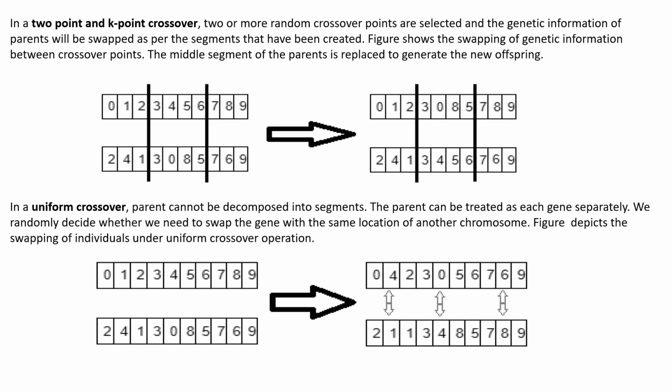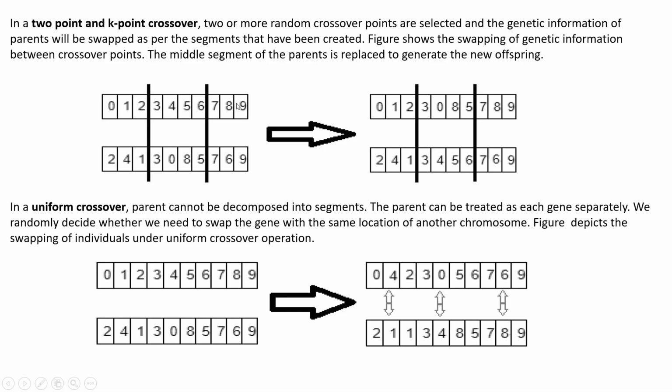So in these, two or more random crossover points are selected, and the genetic information of the parents will be swapped as per the segments that have been created. For example, you imagine one segment is here and the other is here. So you select two points at random, and you swap out the genetic material between these two acting as boundaries.